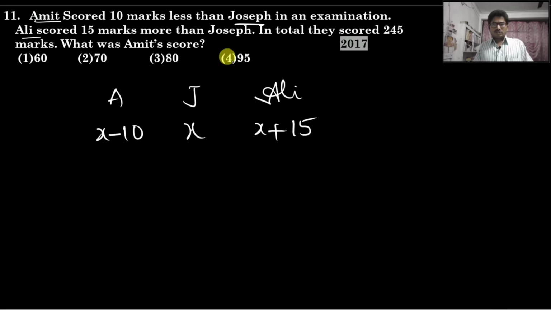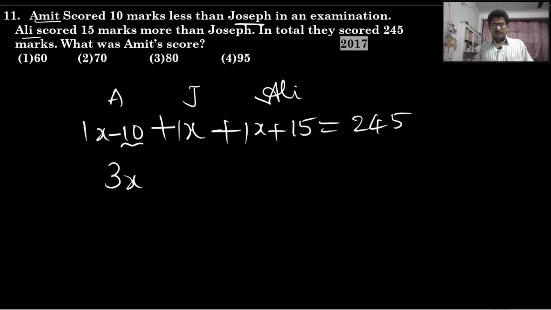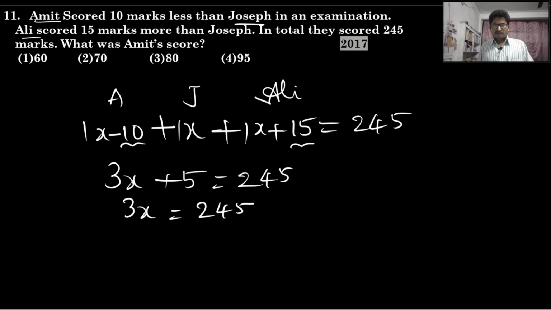In total they scored 245 marks. Total means sum. So X plus X minus 10 plus X plus 15 equals 245. 3x plus 5 is equal to 245. 3x is equal to 245 minus 5. 3x is equal to 240.